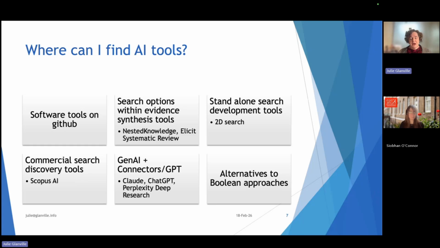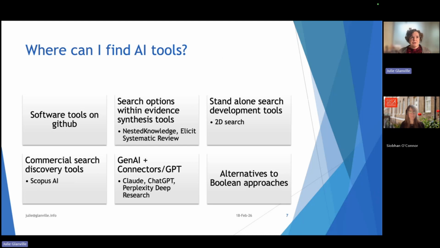And I'm going to look at the other alternatives that people are developing, which are alternatives to the traditional approaches we use to search databases using Boolean approaches, because there's a parallel line going on here. There's the desire to get the AI tools to replicate how we currently go about searching.